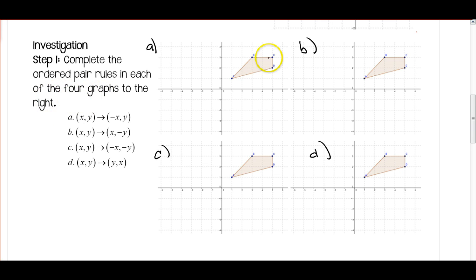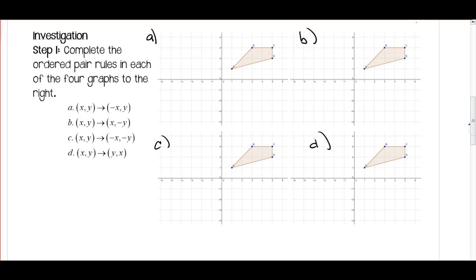So for part A, in this first one, we're going to transform each ordered pair (x, y) into (-x, y), and so on for the different ones, (x, -y), and then the last one we're going to switch the ordered pair. What I would suggest doing first is looking at the original figure and figuring out what each of those points is. For point A, we can see here we're at (1, 1).